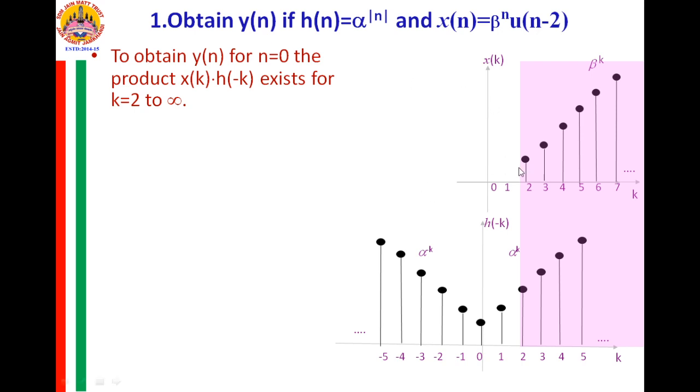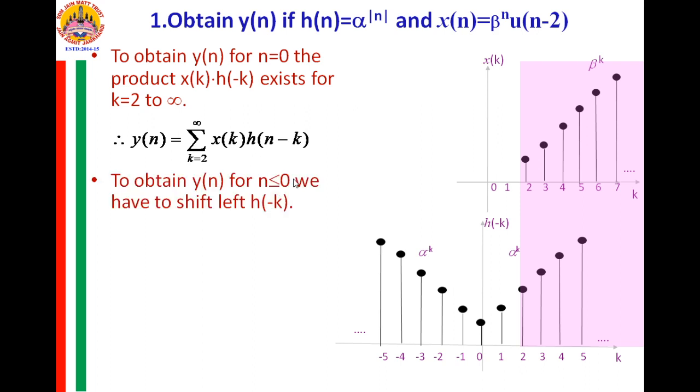Now when we multiply xk with h of minus k, you observe that the two overlap each other from 2 to infinity, and therefore the product exists from k equal to 2 to infinity. Therefore yn is equal to summation k from 2 to infinity xk into h of n minus k.